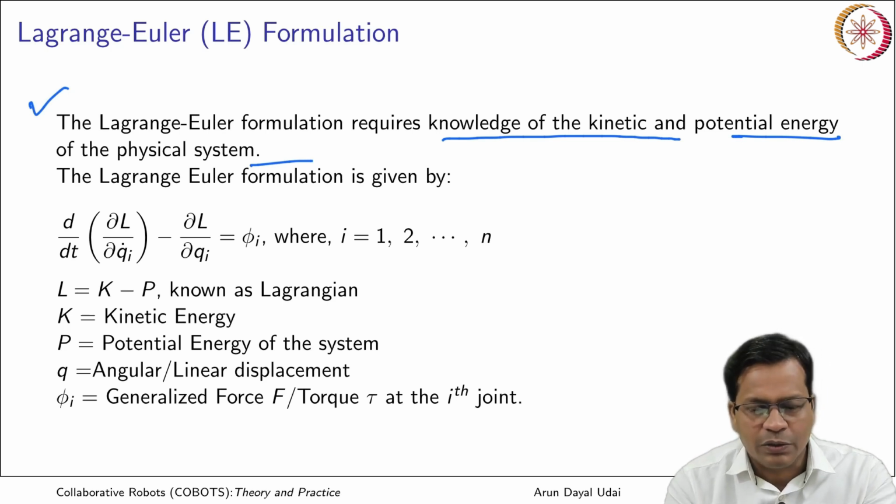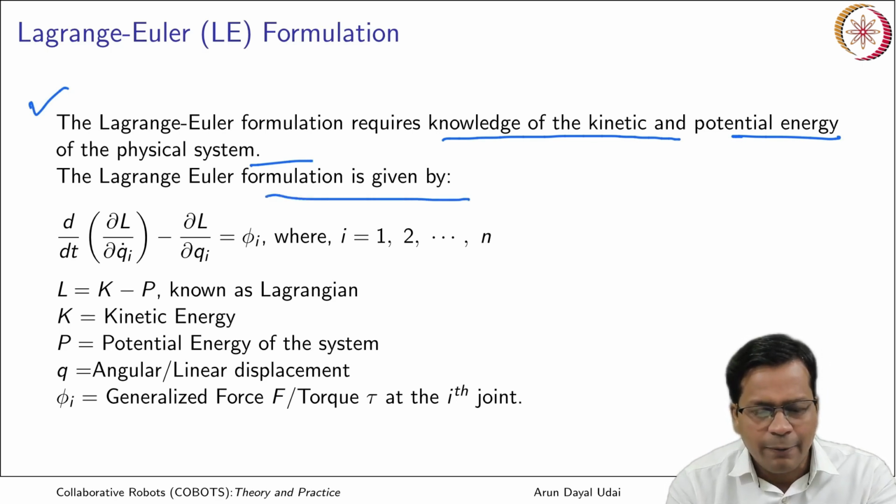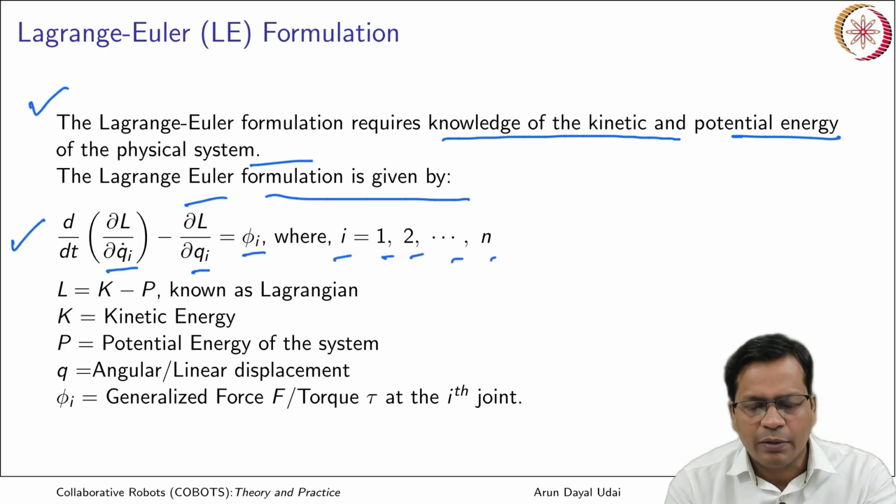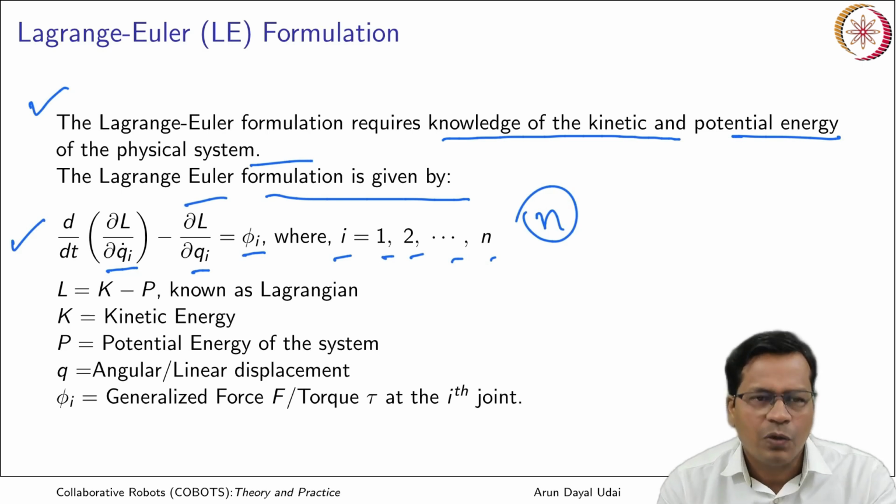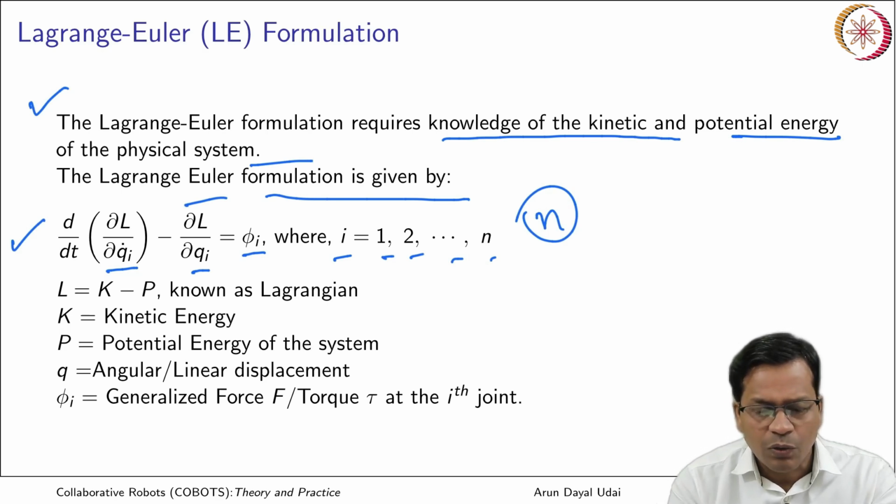the Lagrange-Euler formulation. This formulation is given by d/dt of ∂L/∂q̇ minus ∂L/∂q is equal to φ, where i is equal to 1, 2, 3, 4 right up till n. n is the degree of freedom of this robot. Okay, so what is L?